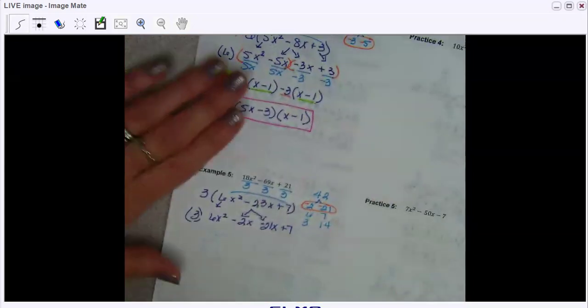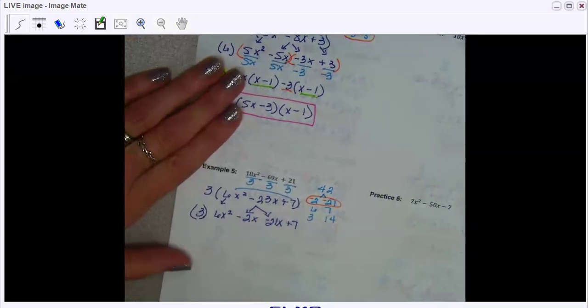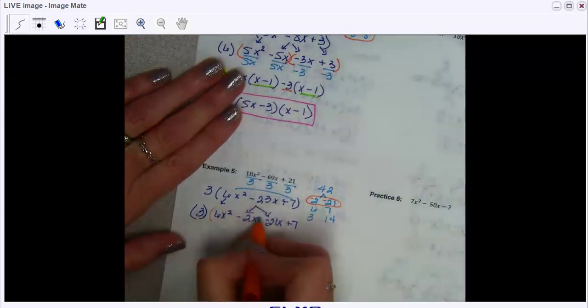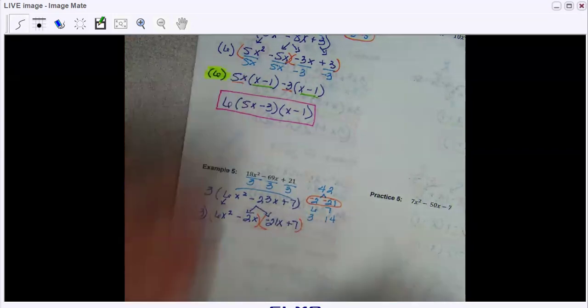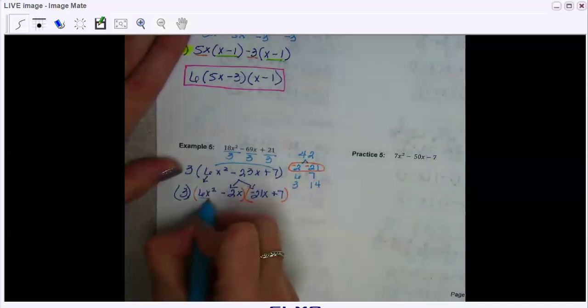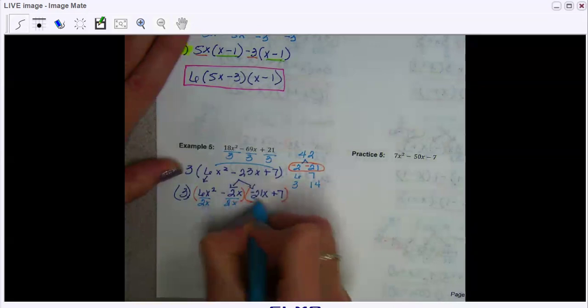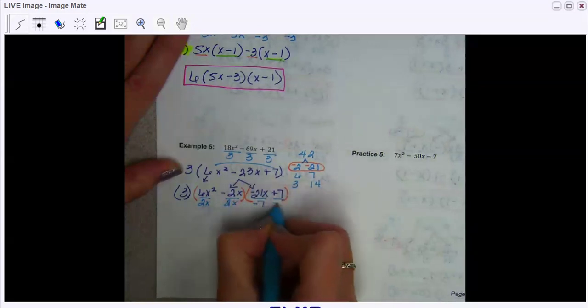Now I'm going to group into two binomials. And I'm going to divide my first binomial by 2x and my second binomial by a -7.